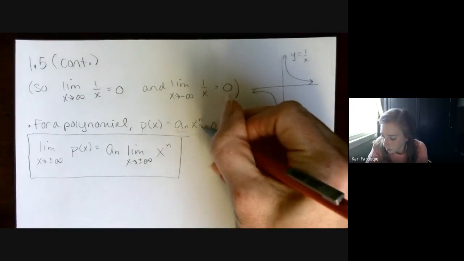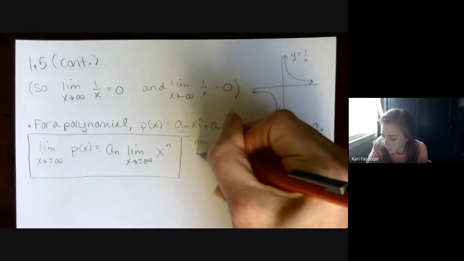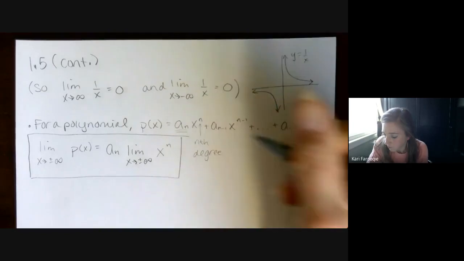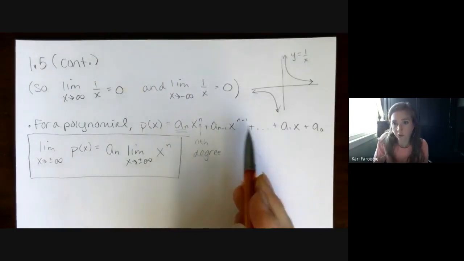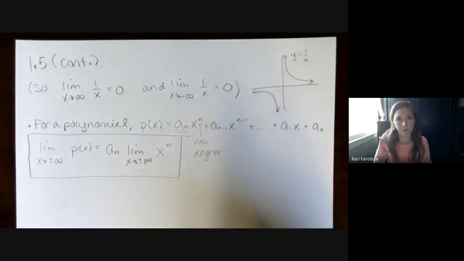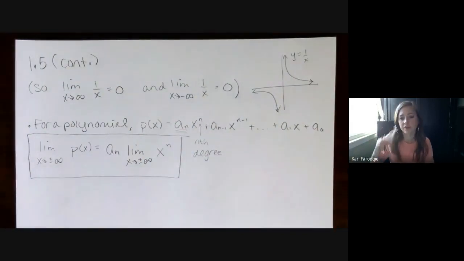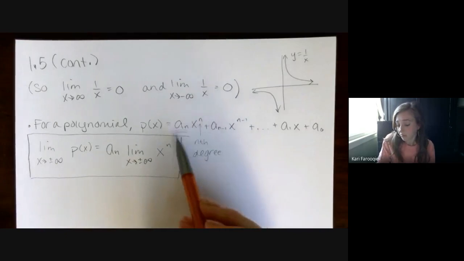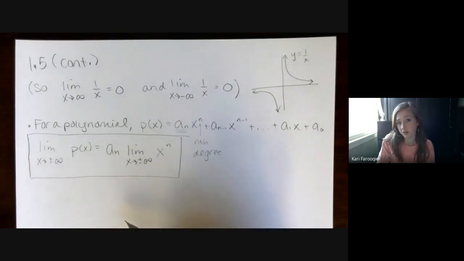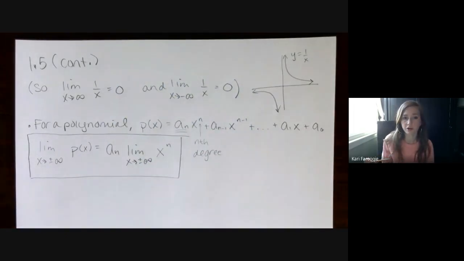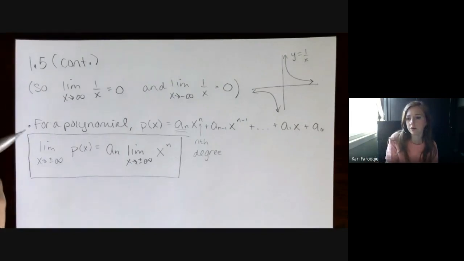So this would be an nth degree polynomial. And of course, n is larger than n minus 1, which is larger than 1, which is larger than 0. So sometimes you might see a situation where your polynomial is not written in descending order, and I'll mention that and we'll rewrite it in descending order.